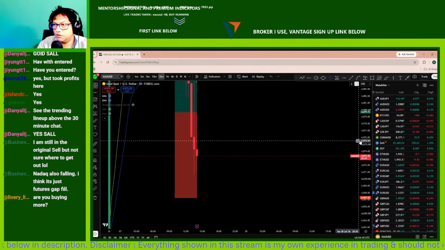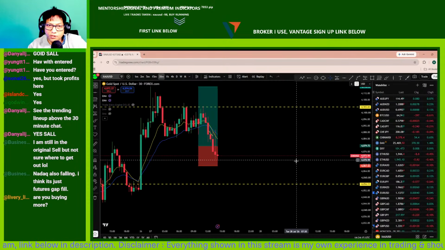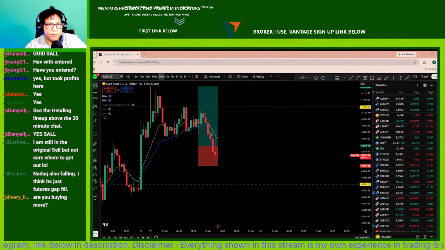So the 30 minutes candle closing with a comparatively larger red candle can bring that market back below.